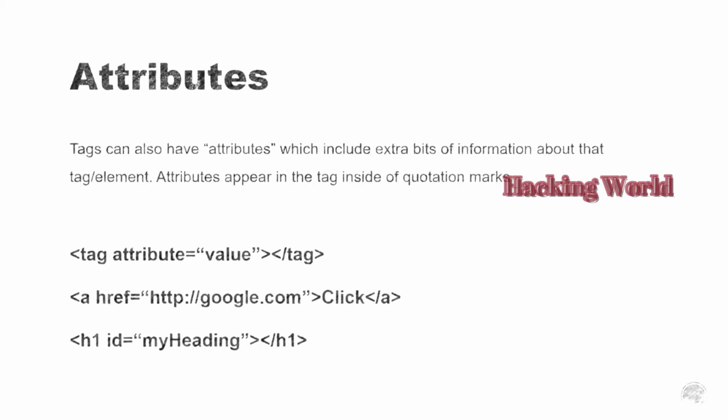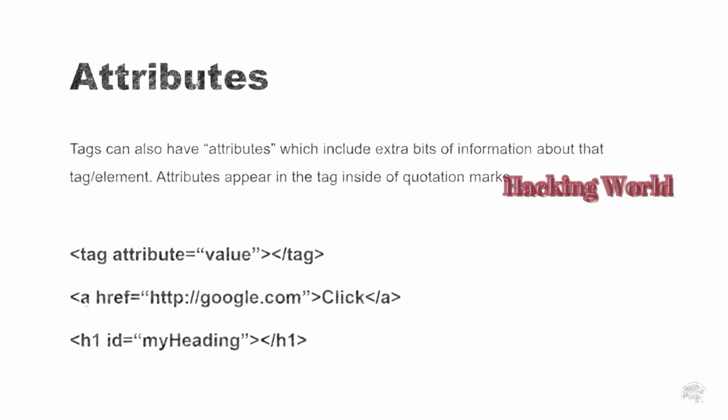So, attributes. Tags can also have attributes which include extra bits of information about that tag or element. Attributes appear in the tag inside of quotation marks. So this is the syntax here. You can see we have a tag, and then we're going to have the name of the attribute and then set that to whatever we want the value to be.